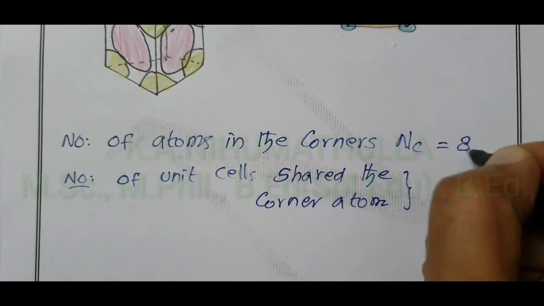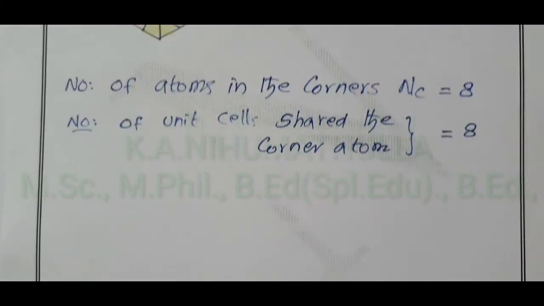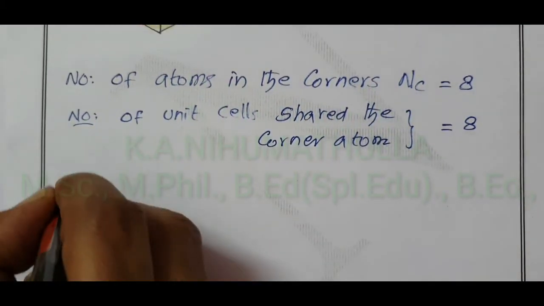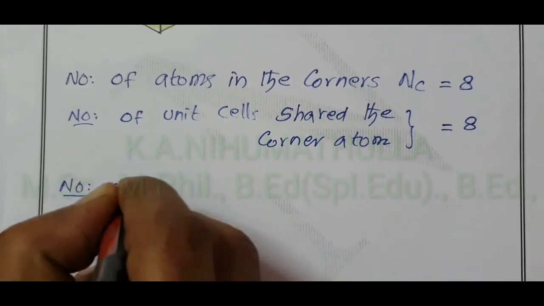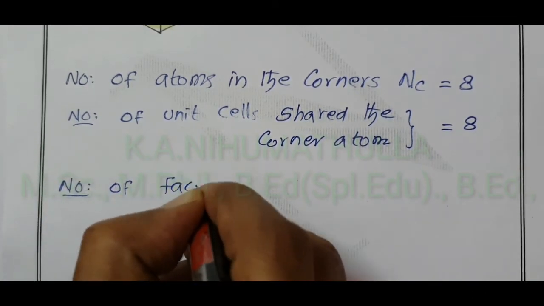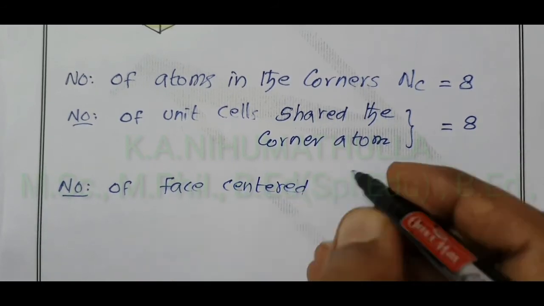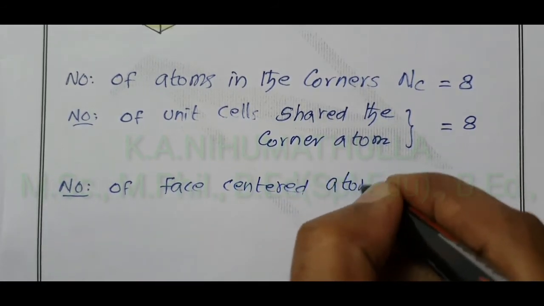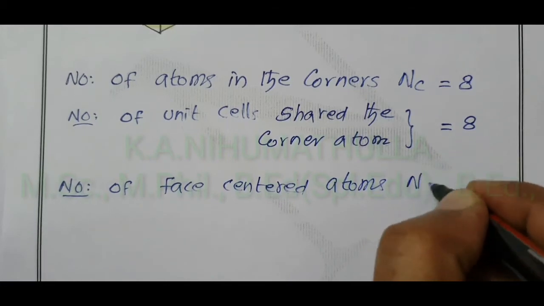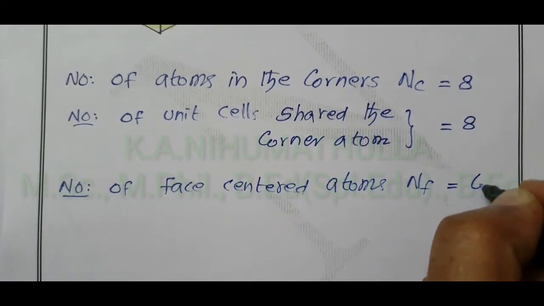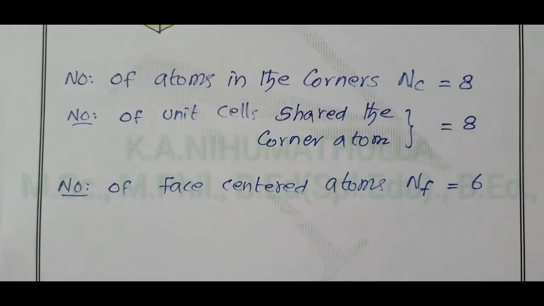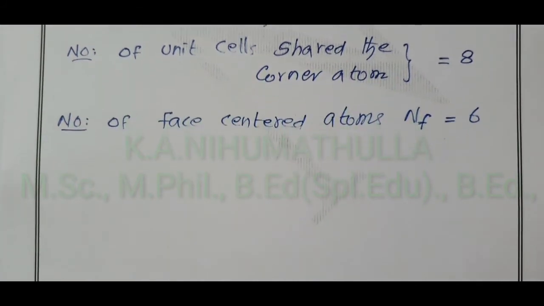One corner atom is shared by 8 unit cells. Number of face-centered atoms, given by the symbol NF, is equal to 6 faces in a unit cell. Therefore, 6 atoms are present on the faces.